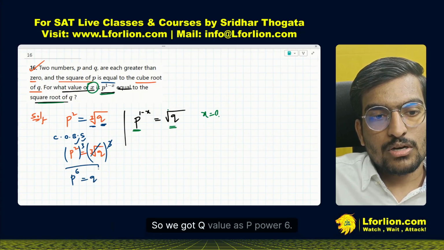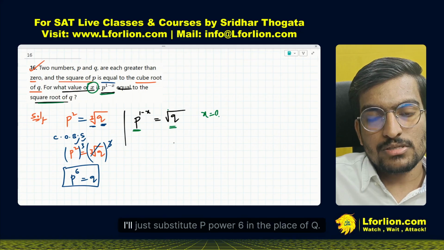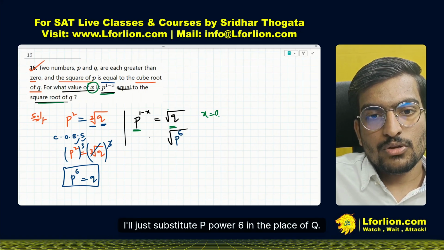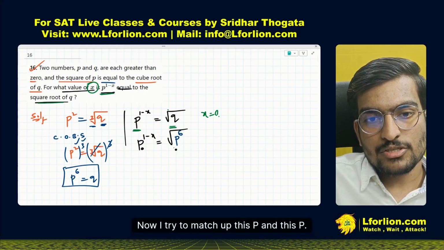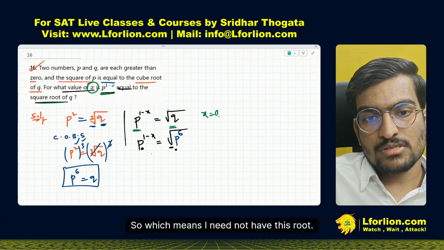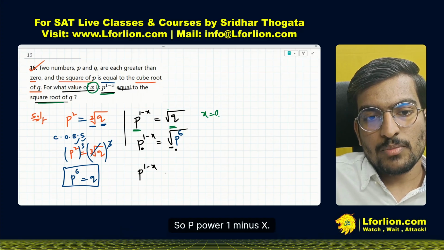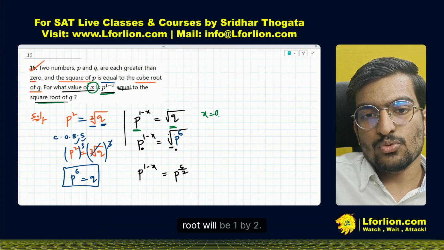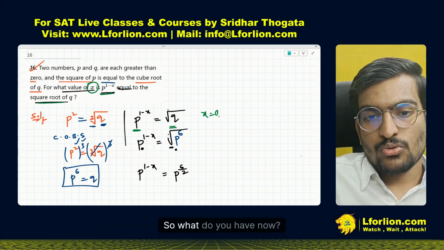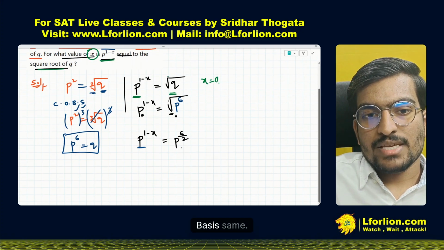So we got the q value as p power 6. I'll just substitute p power 6 in the place of q. So p power 1 minus x. Now I try to match up this p and this p, which means I need not have this root. So p power 1 minus x is going to be p power 6 by 2 directly, because the root will be 1 by 2. So what do you have now? Bases same.